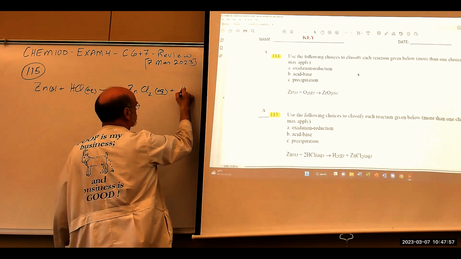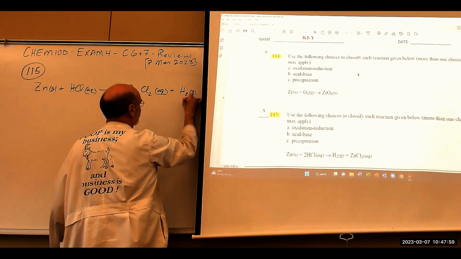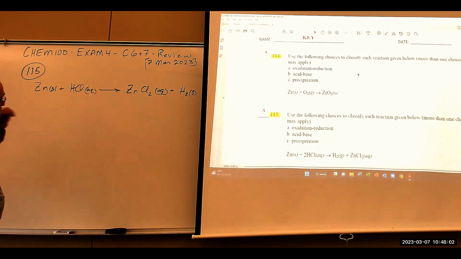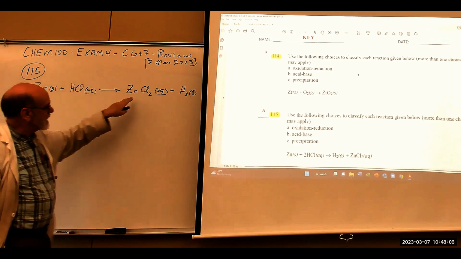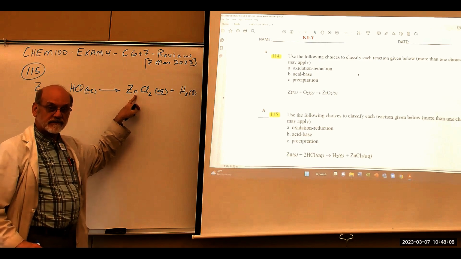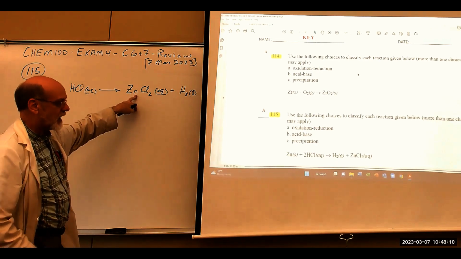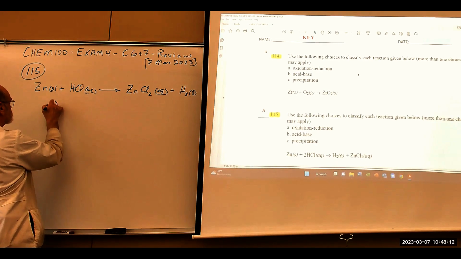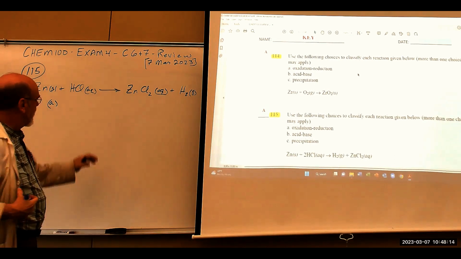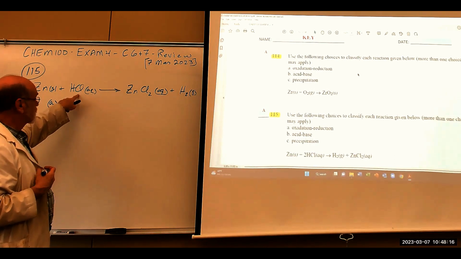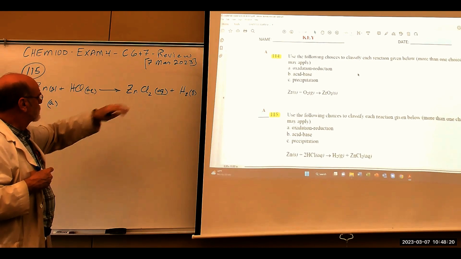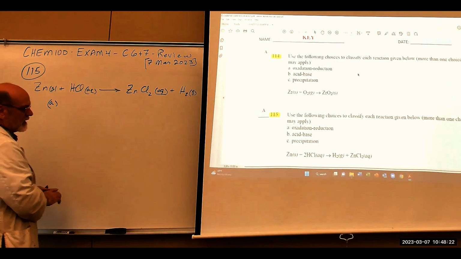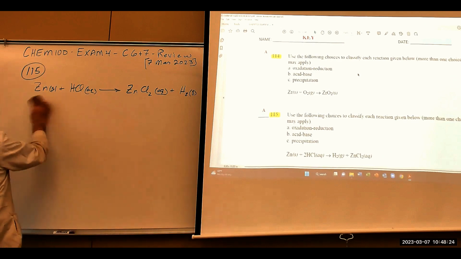And then hydrogen gas. Okay, so we got zinc element here. It's in a compound there. That's redox. Is that possible? Yeah, oxidation reduction. That's true. Acid base? Nope. There's an acid, but there's no base. Precipitation? Nope, there's no precipitation there. The only possibility is redox.